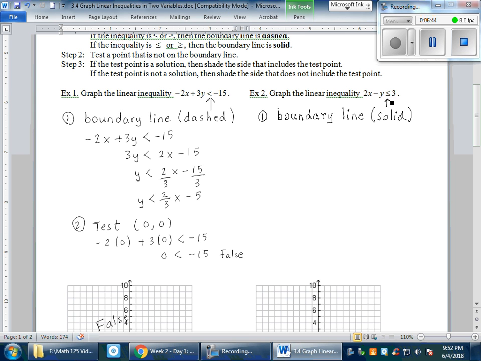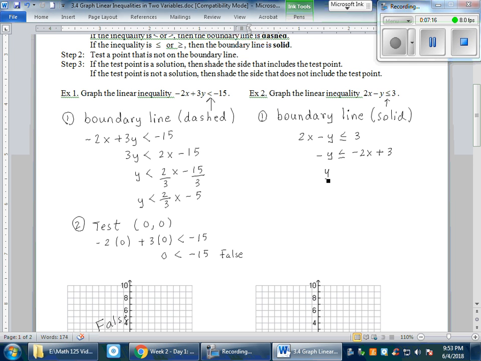So write it into slope-intercept form, 2x minus y less than or equal to 3, subtracting 2x on both sides. That gives us negative y less than or equal to negative 2x plus 3. And finally, I have to divide both sides by negative 1.